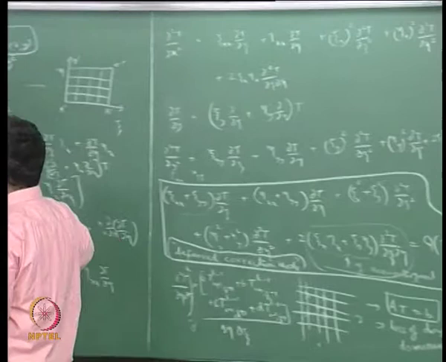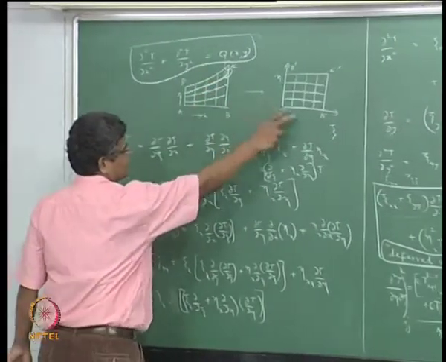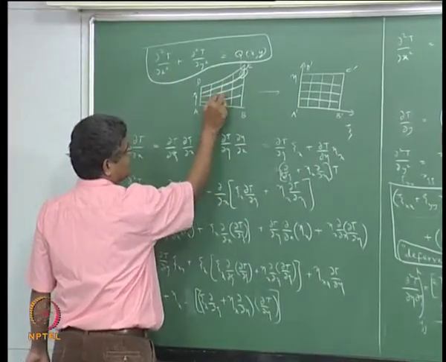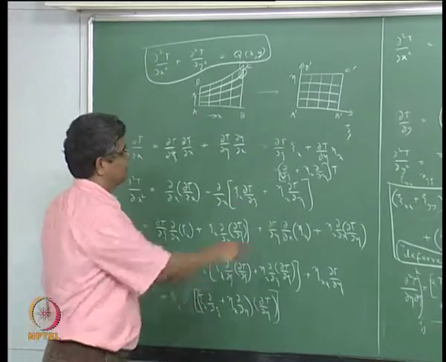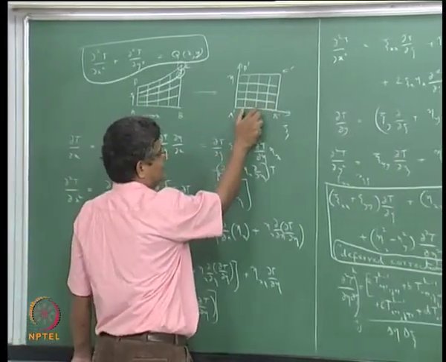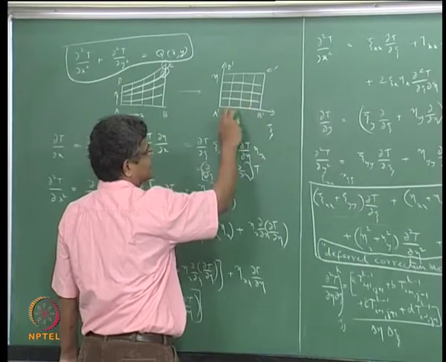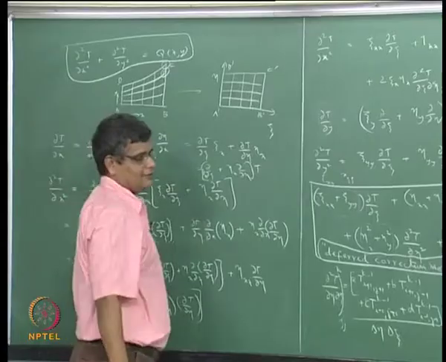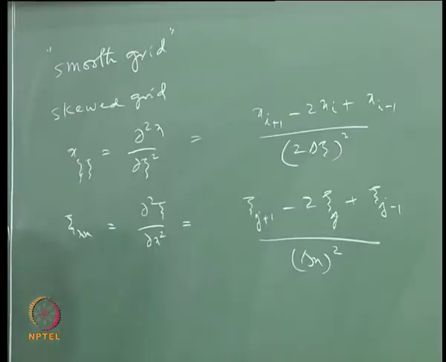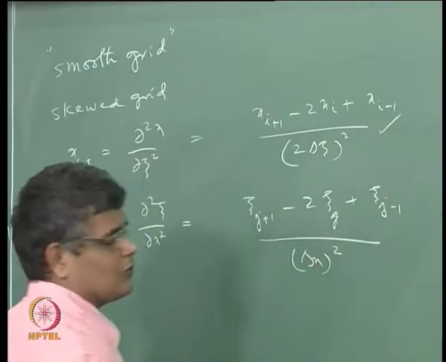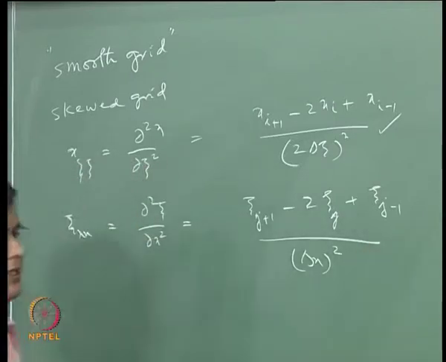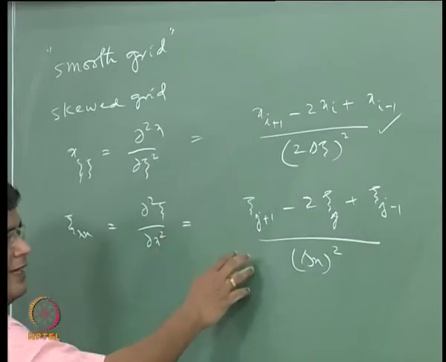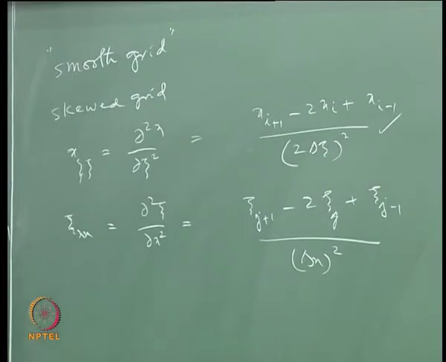In the physical plane your delta x's and delta y's are changing all the time, but in the computational plane it is easy to take this rectangle and divide it into constant delta x and constant delta y. So this evaluation is much simpler than that one; here you have uniform grids and here you have non-uniform grids, so the accuracy of the evaluation is also compromised.